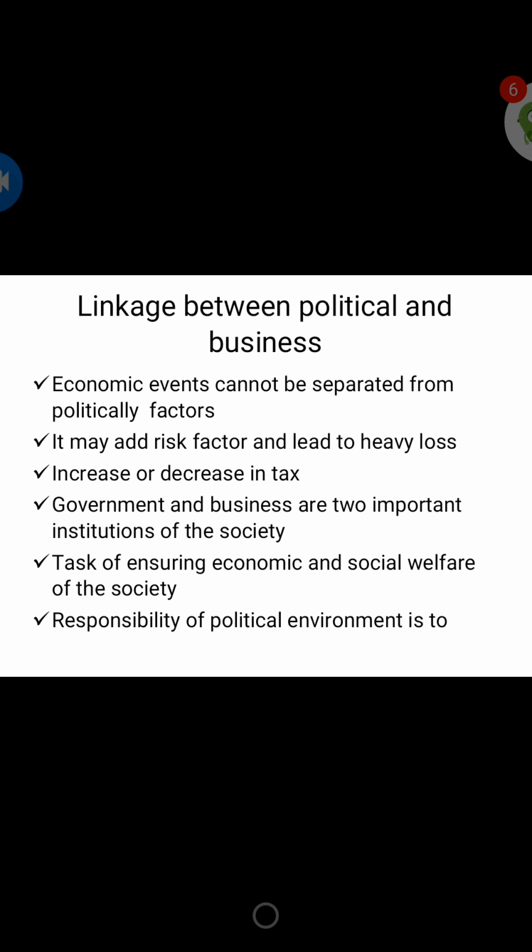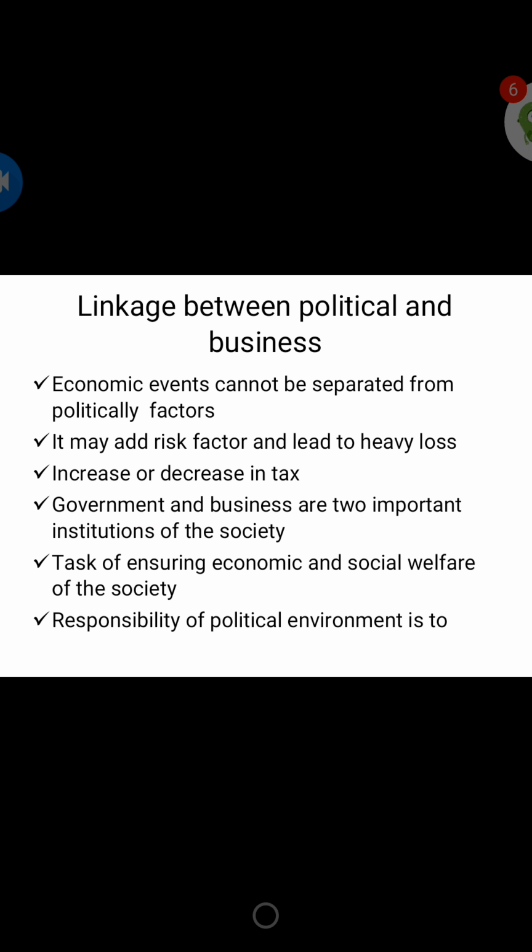Several aspects of government policy can affect the business. All firms must follow the law. Managers must find out how upcoming legislation can affect their activities. The political environment may add a risk factor and lead to heavy loss also.